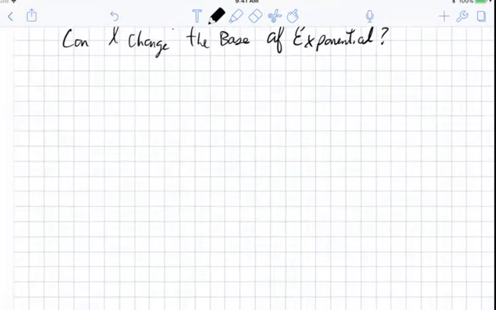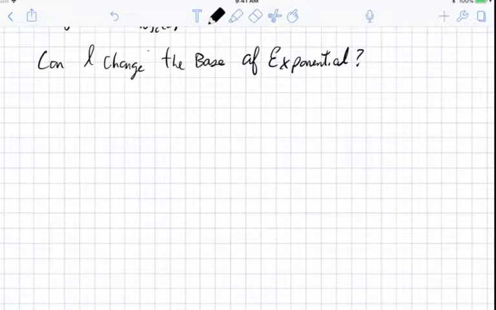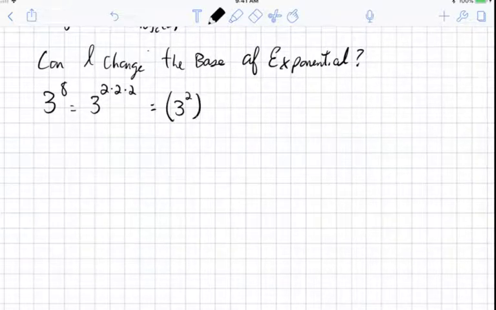Even if you don't know anything about it, you can still argue that it's possible. Consider this: 3 to the power 8. 8 is 2 times 2 times 2, and we know that anytime you see multiplication in the exponent, it indicates that you can rewrite this like 3 to the power 2 to the power 2 times 2, right?